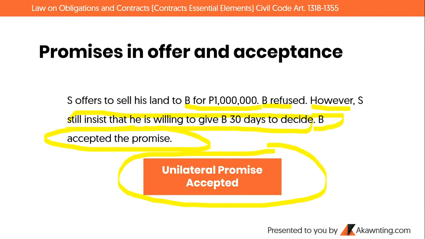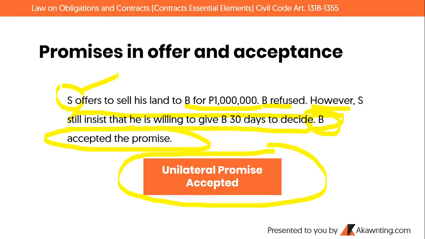Meron na akong 1 million. Okay? Si S, hindi na siya willing ibenta yung lupa. So, pwede bang i-compel ni B na ibenta sa kanya yung lupa dahil nag-promise si S? The answer is no. Hindi niya pwedeng i-compel si S for S promise kasi it is not supported by a consideration. Actually, that consideration is what we call an option money. Okay? That is what we call an option money.